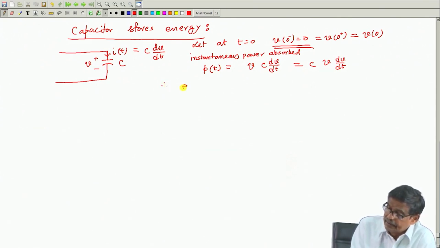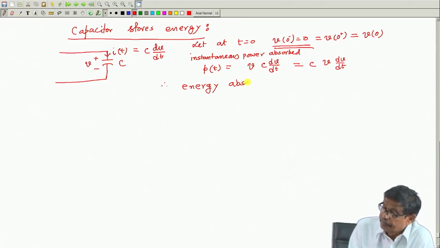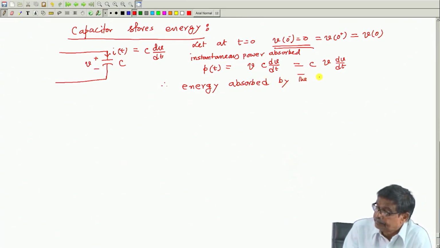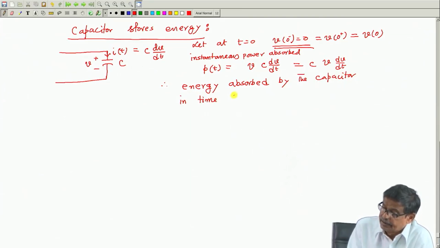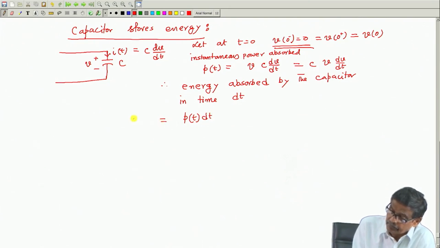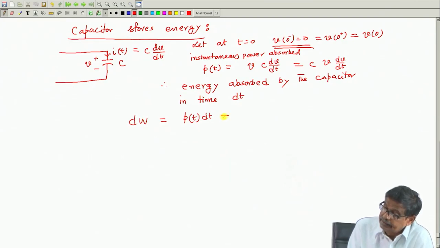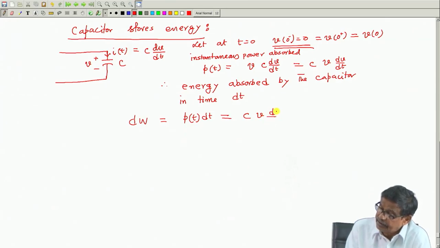Therefore, the energy absorbed by the capacitor in a very small time interval dt will be P(t) into dt, power into time gives you the energy, that is equal to dW, and this will be equal to C V dV/dt into dt.